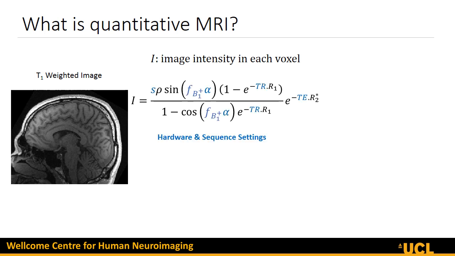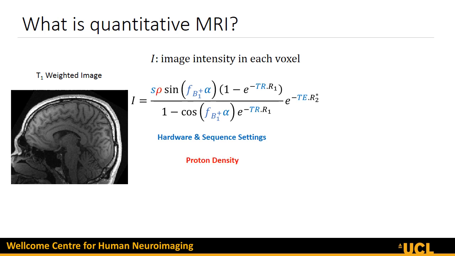For example, hardware and sequence settings, such as the repetition time, TR, the echo time, TE, or the flip angle, alpha, which although we try to make as homogeneous as possible across the entire brain, we rarely manage to achieve, and so we have to include an additional pre-multiplier factor, the F of B1+ that you see. The S encompasses scaling factors, such as receiver coil sensitivity, or any other multipliers that may exist within the hardware or software setup.